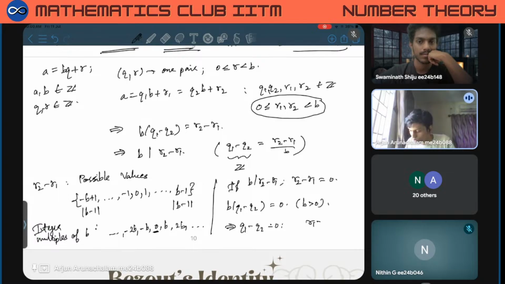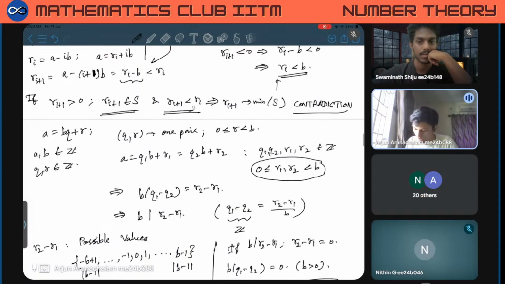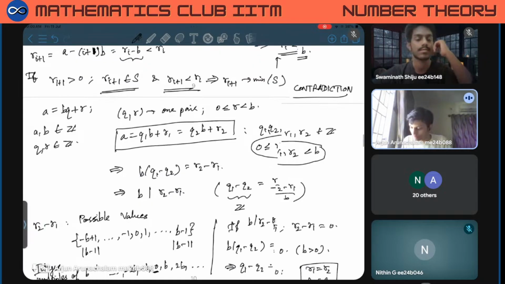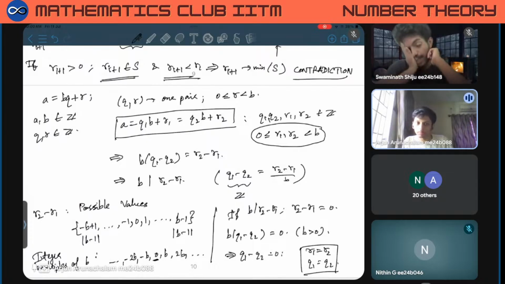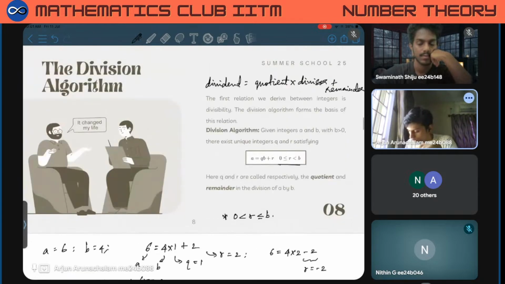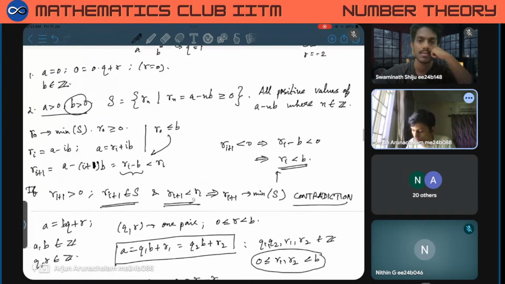So essentially now you proved that r1 is equal to r2 and q1 is equal to q2. So you assumed that there are two different solutions and ended up proving that they are the same solution. So this is a proof for the uniqueness of the division algorithm. There exists only one solution which satisfies a is equal to qb plus r such that 0 is less than or equal to r less than b.